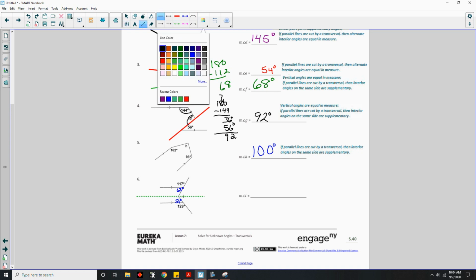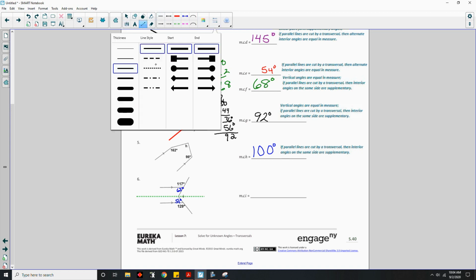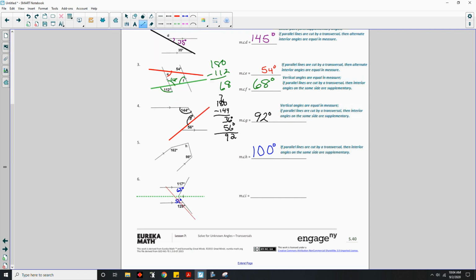This is sometimes hard to understand if you don't see it clearly. I'll use a thinner line too. So if we're talking about this, all right, straight line, that's my transversal. Here's my parallel line with my parallel auxiliary line. So these two lines are parallel.